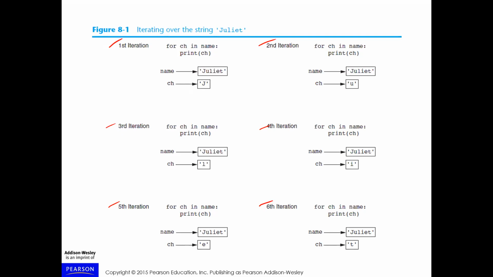So for ch in name, print ch, right? If the name is Juliet, then we print J in the first iteration. In the second iteration, we print the U. In the third iteration, we print the L, then the fourth is I, then E, and finally in the sixth iteration, we print T. Okay, so pretty straightforward. The mechanism is for ch in name, and then we just print that ch.